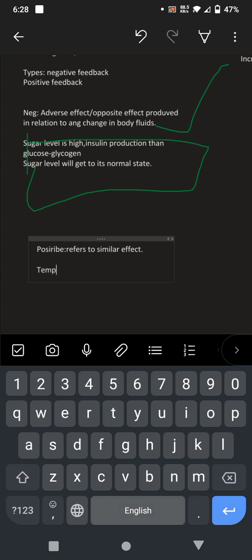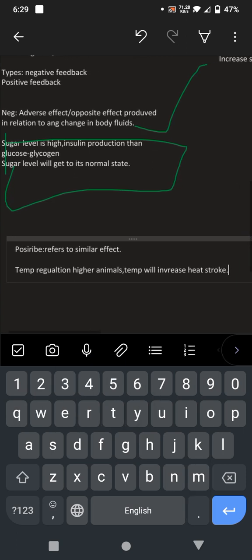We have the example of heat stroke. Temperature regulation takes place in our body in higher animals, so the temperature will increase in summers, and the patient will get heat stroke.